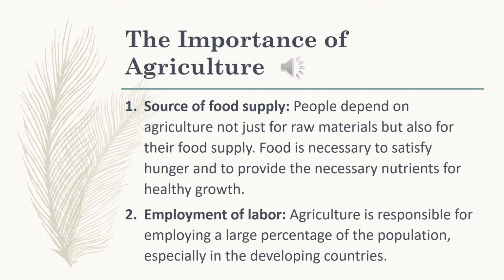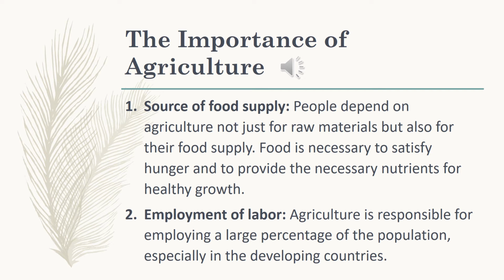Number 2. Employment of labor. Agriculture is responsible for employing a large percentage of the population, especially in the developing, poorer countries. The labor is either directly or indirectly linked to agriculture. Farmers are directly involved, but workers employed in the fertilizer factory are indirectly linked to agriculture.